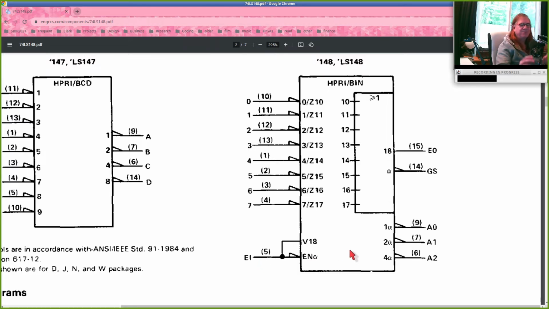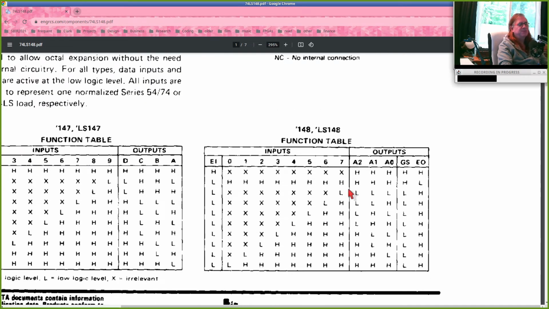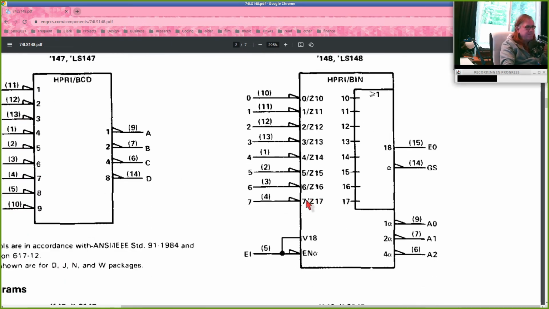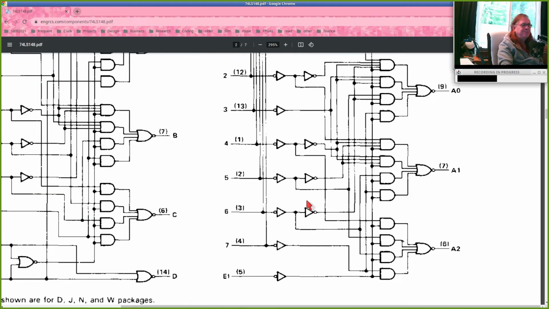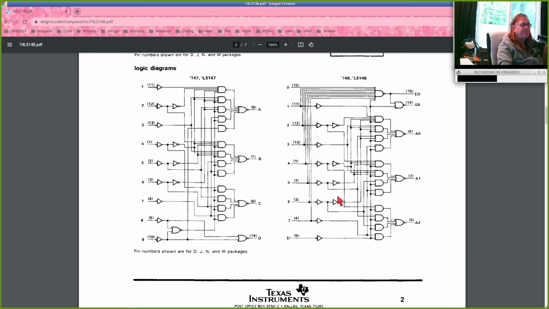And so again, if you know that symbology, you can get a lot of the information from this one picture. But you can always just go straight to the function table or the truth table and see exactly what the ones and zeros do. And the chip saves you from having to build this monstrosity.